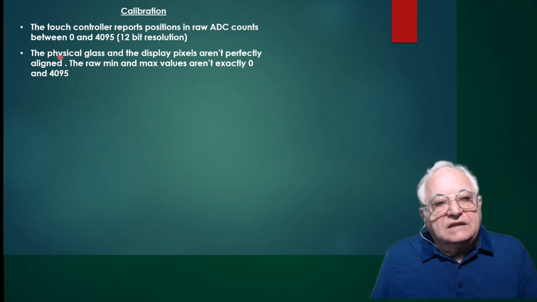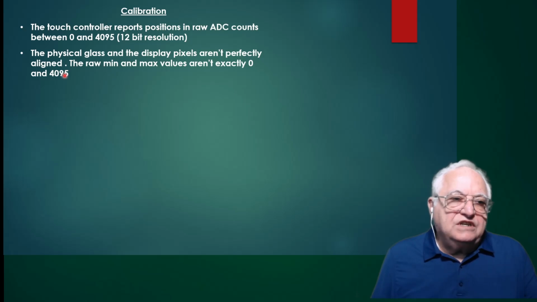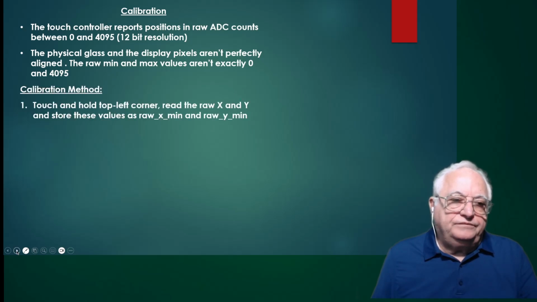Not only that, but if you touch your display on the left corner where you would hope that is 0, 0, the display may be 0, 0 in your mind, but the number that you get from the touch screen could be anything, because you don't know what's the resistance at that point, so you need to account for that. So don't forget, you have a touch screen and you have a display, and now you have to make them match. They're independent. So how do we do that?